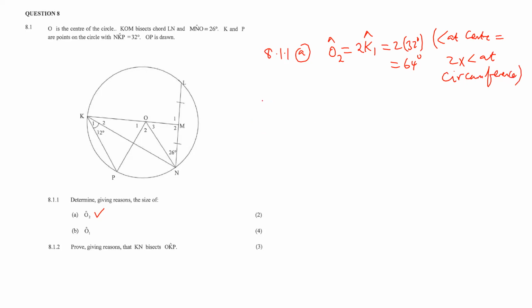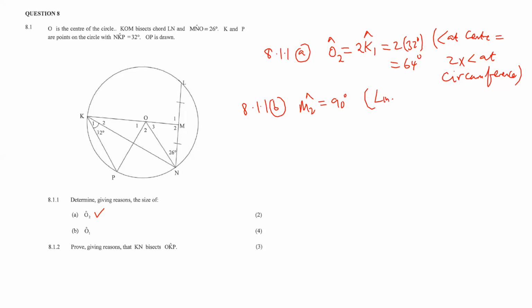The next thing is we look at 8.1.1, part B, and we want to find the value of angle O1. First, we note that angle M2 is equal to 90 degrees.